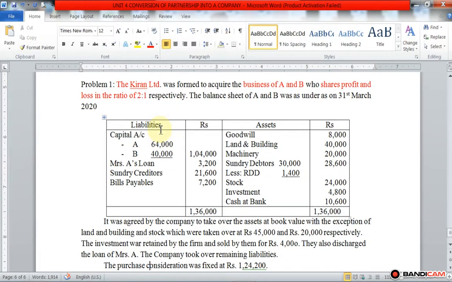Here additional information is provided, that it was agreed by the company.